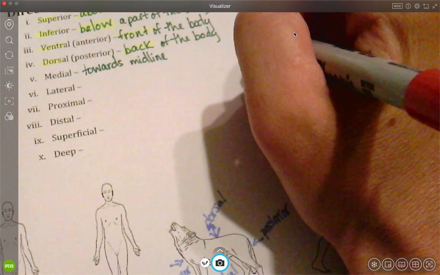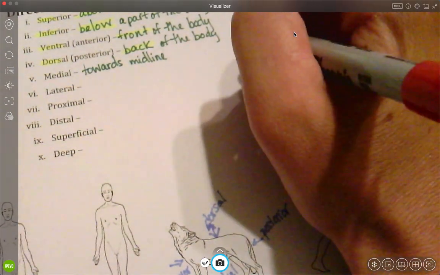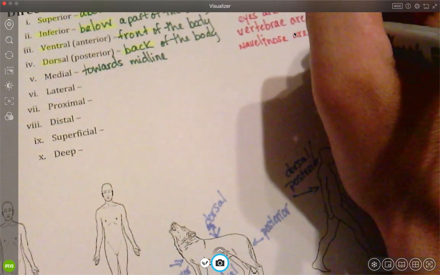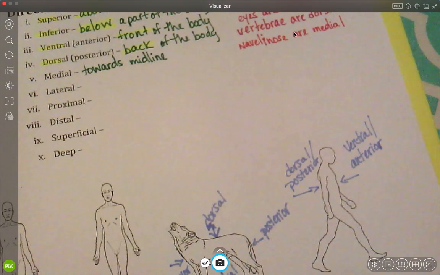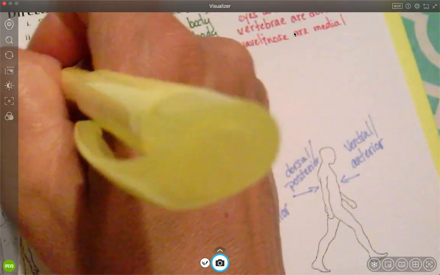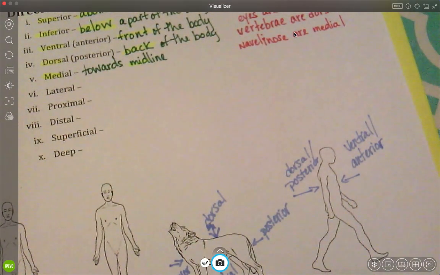I could say my nose. My navel and my nose are medial. Midterm, med, and middle.